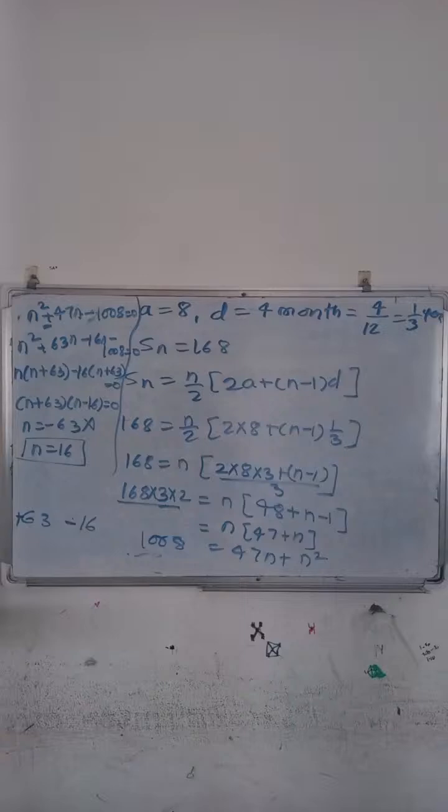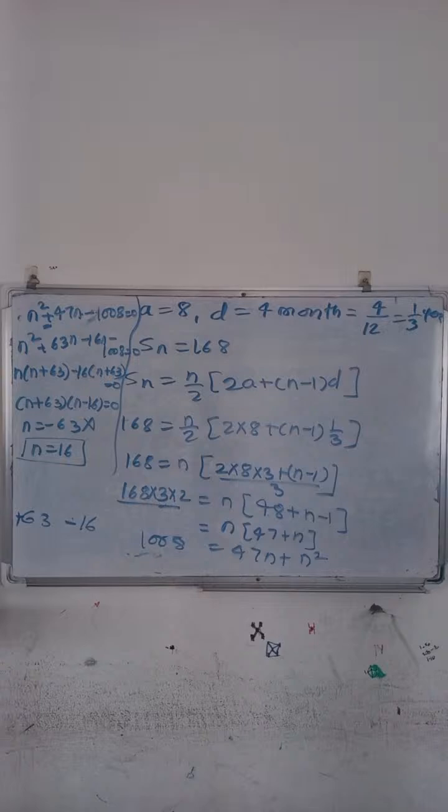So the minimum age is nothing but 8 years, so the youngest boy is 8 years. Then check the eldest boy. The eldest boy's age is nothing but 16? No, sorry, not 16. The last term is here: n is equal to 16, total 16 are there.